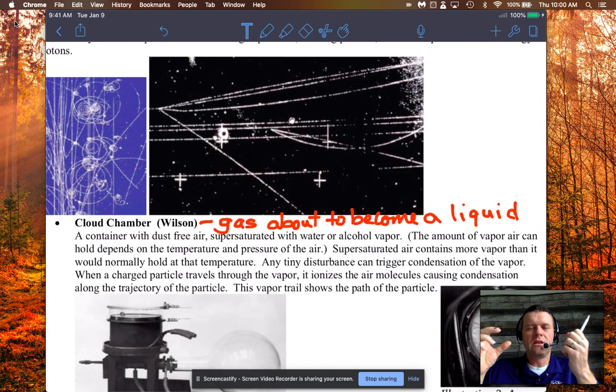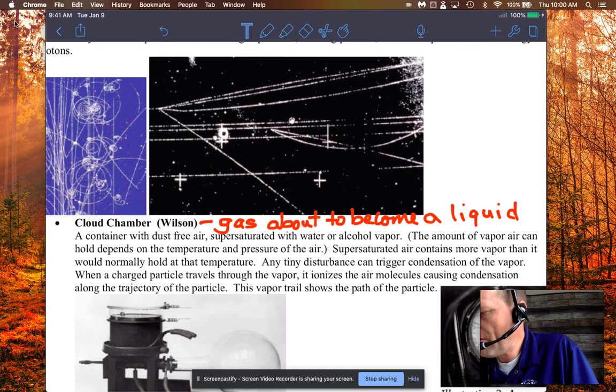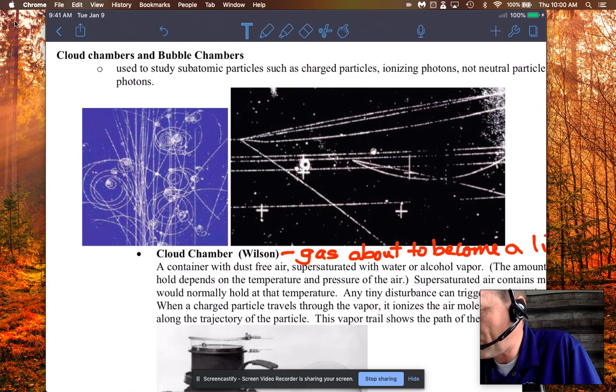It was right at the brink of turning into a liquid, right at the brink of condensing. And so it was a very unstable chamber in terms of the water vapor, but Wilson figured out really fast that if he fired charged particles into this saturated vapor, it would trigger condensation. And now these are pictures of them right here.